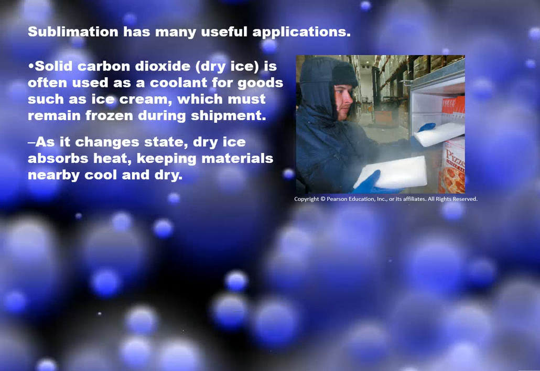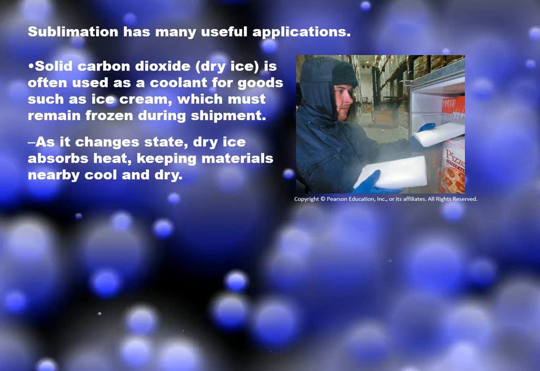Now, sublimation has a lot of useful applications, and one is in the food industry. Solid carbon dioxide, otherwise known as dry ice, is used as a coolant for things like ice cream or frozen food products like pizza when they're being shipped.